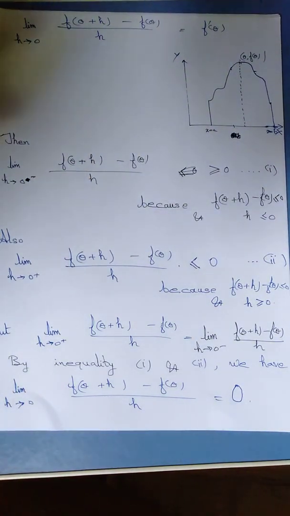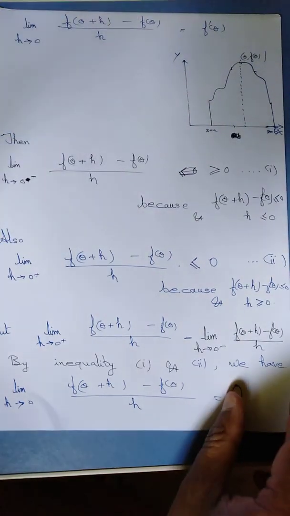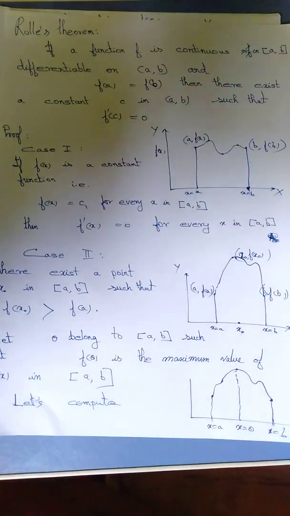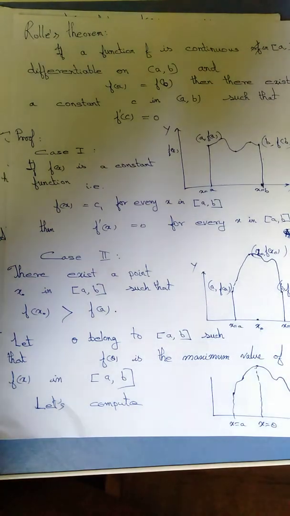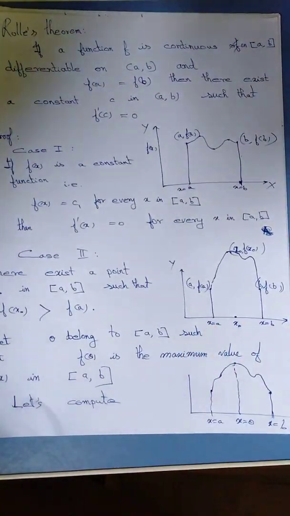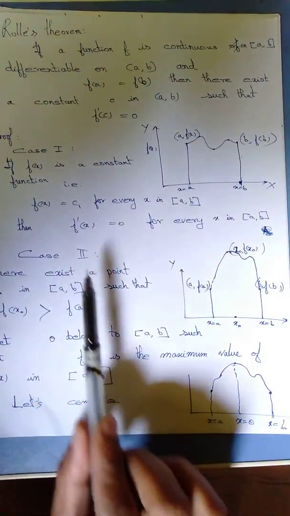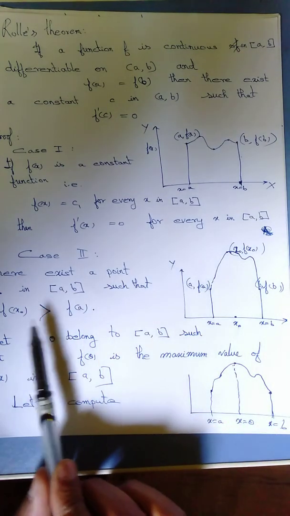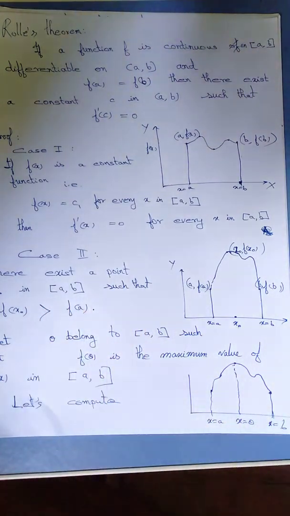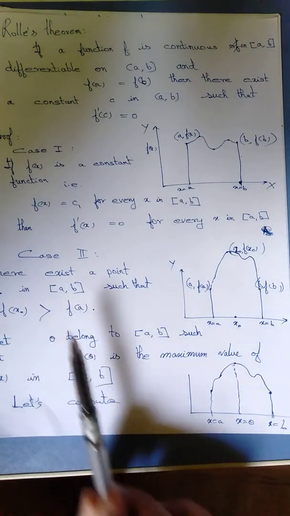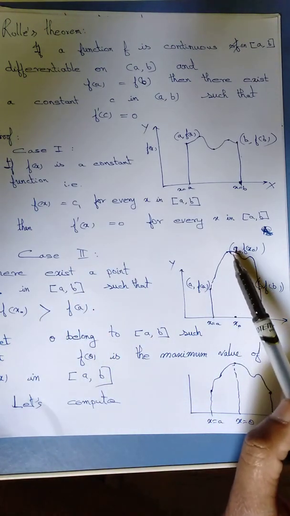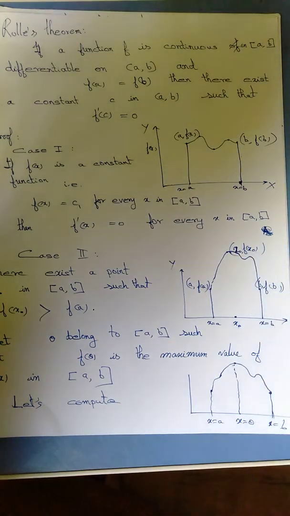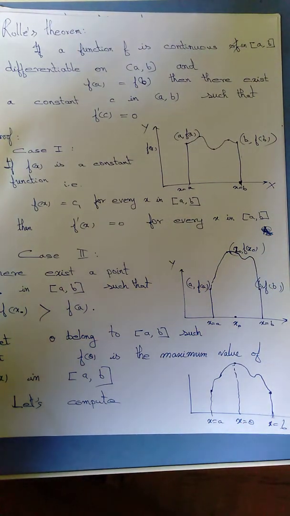Now let's look at case 3. Let's just recall. In case 1 we have, well, f(x) is constant, then you are done. The derivative is 0 throughout, you take any point. In case 2 we have, well, it may be that f(x naught) is greater than f(a), but such a point may not exist.